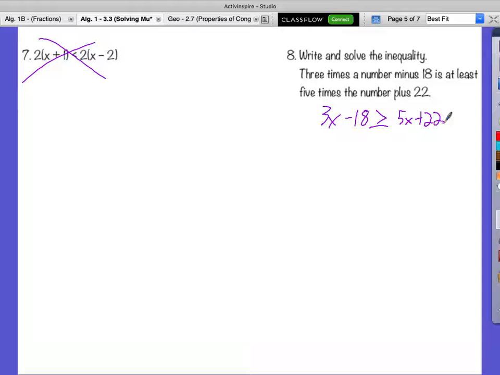Okay, so I got it right then? How's it wrong?